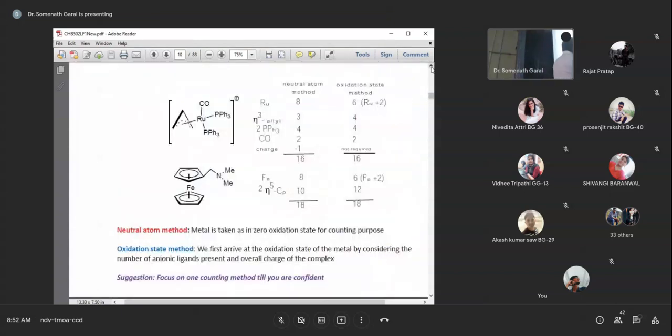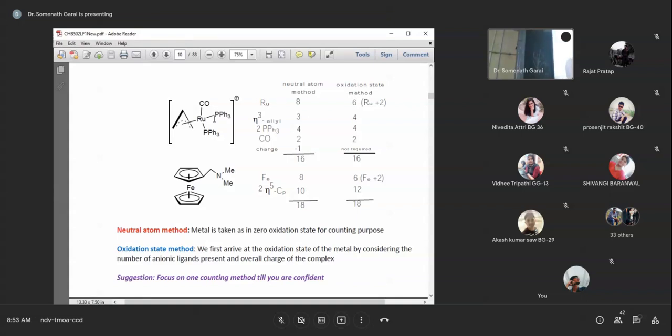Fine. Now, for example, I would like to ask you, what is the total electron number on the metal because of the coordination, right? Now you see, ruthenium by neutral count is how many electron donor? Remember, you just have to remember the whole periodic table, or at least the transition elements, right?